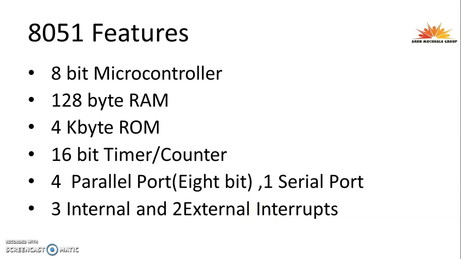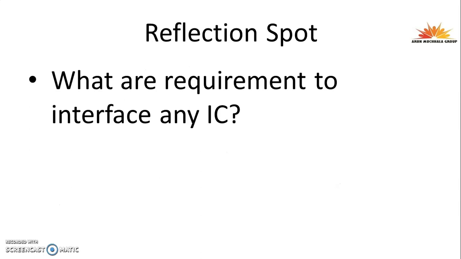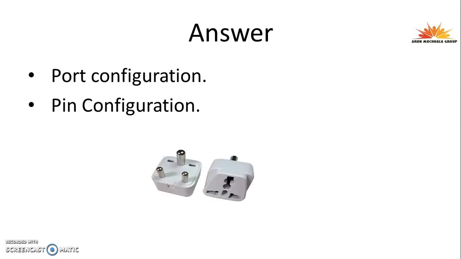So to form a system, we must interface IC. So what are the requirements to interface any IC? Think and note down your answer. To interface or connect any IC, we must know port configuration and pin configuration.